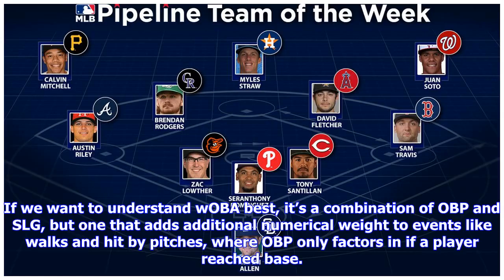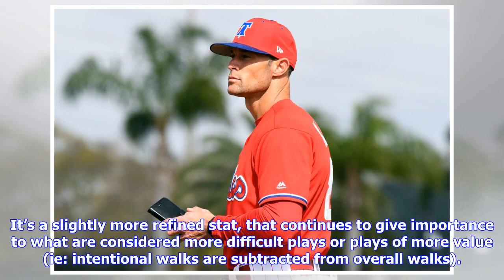To understand wOBA best, it's a combination of OBP and SLG, but one that adds additional numerical weight to events like walks and hit by pitches, where OBP only factors in if a player reached base. It's a slightly more refined stat that continues to give importance to what are considered more difficult plays or plays of more value, i.e., intentional walks are subtracted from overall walks.